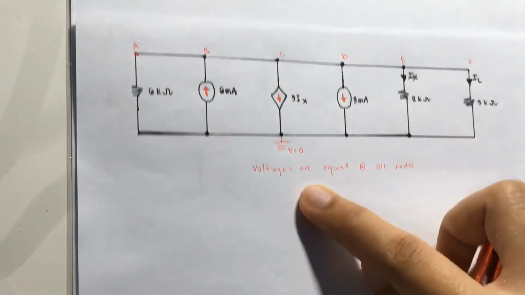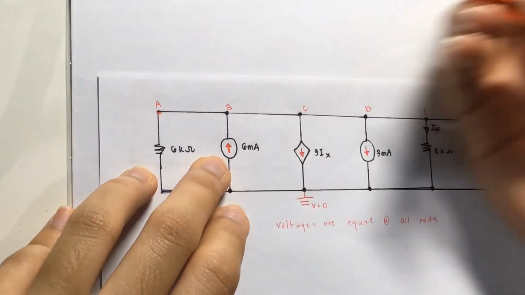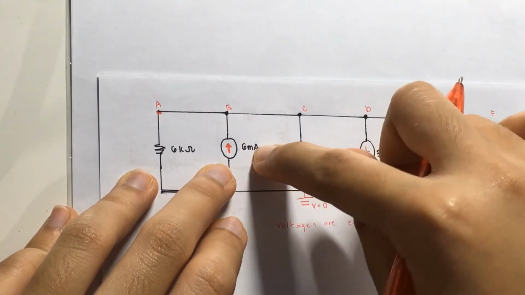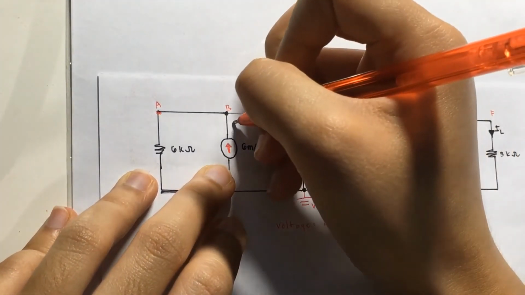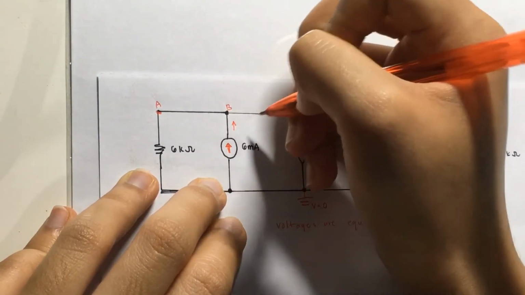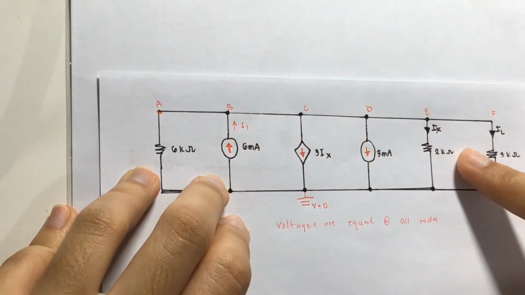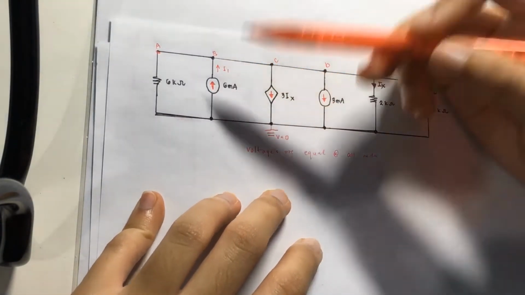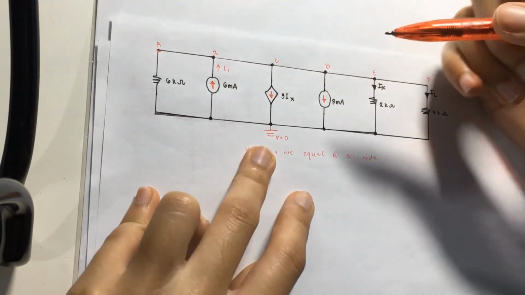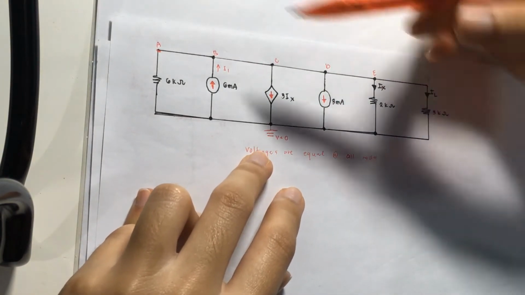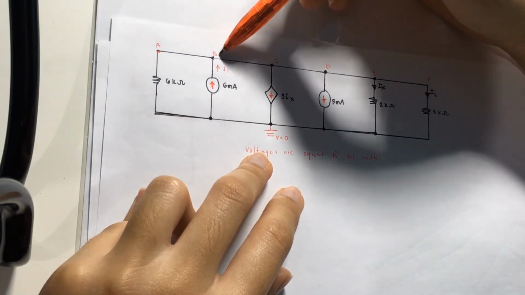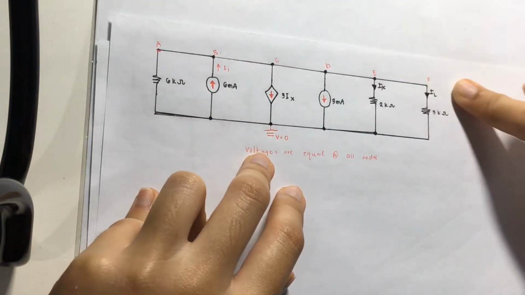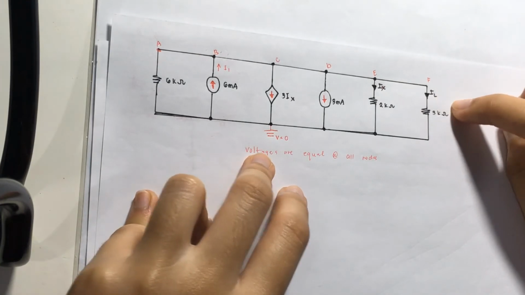And let's assume the currents. Let's assume that I1 is in this part, going into node B. So the direction of the current is going upward. Since it is difficult to identify the exact direction of the current, for example I2, I3, we assume that all the currents go toward node F, since what we are looking for is IL.